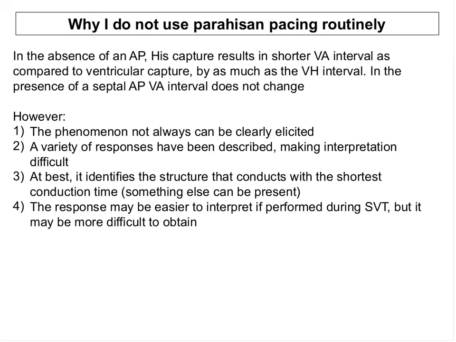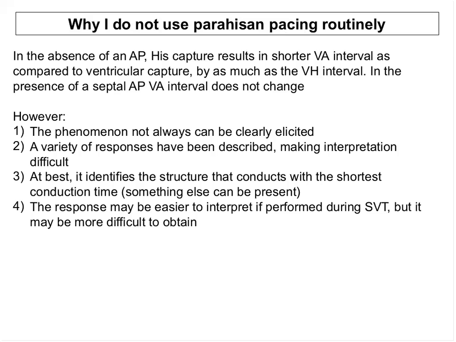Any comment, Fernando? Yeah, there are a couple of questions dealing with the same issue. How can we exclude that we are directly capturing the atrium with the high output at the His bundle catheter? How can we exclude atrial capture?